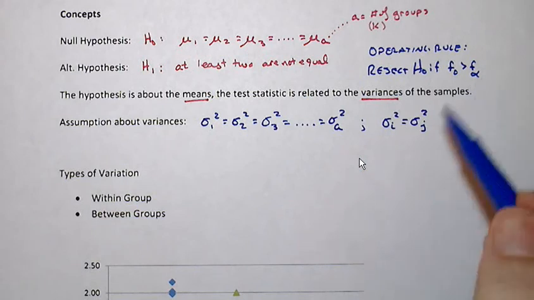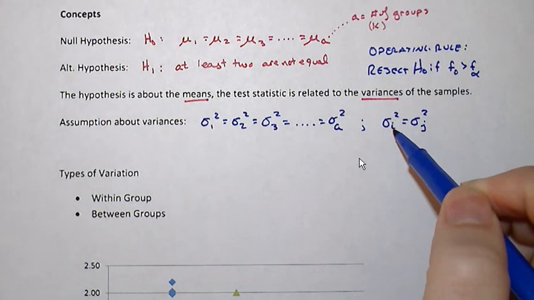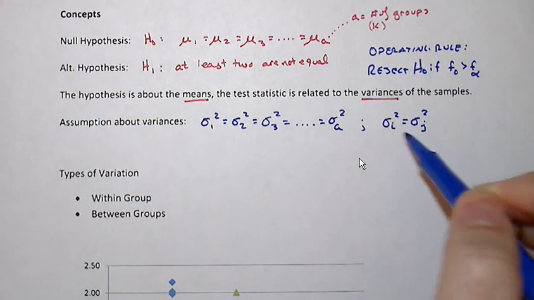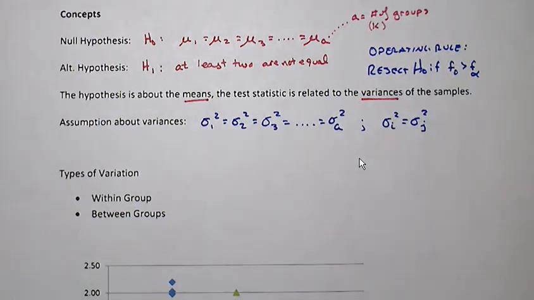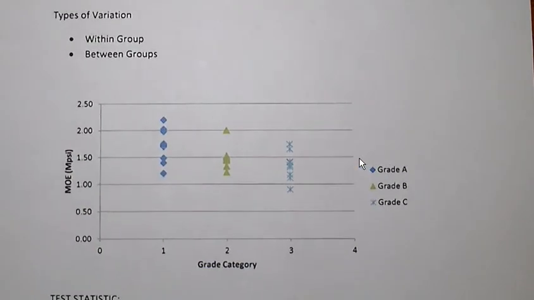All right, so in general here, our assumption is that the variance for group I is equal to the variance for group J for all combinations of I and J. Now as we approach this, just like when we were working with statistical quality control and we broke down variation into two groups, we're going to do the same thing here, and that is variation within a group versus variation between groups.